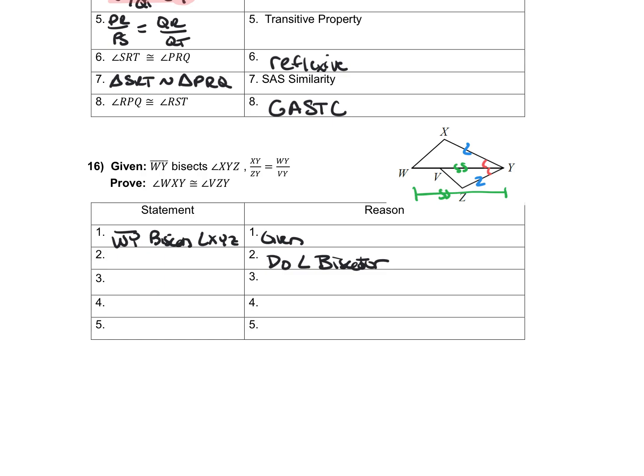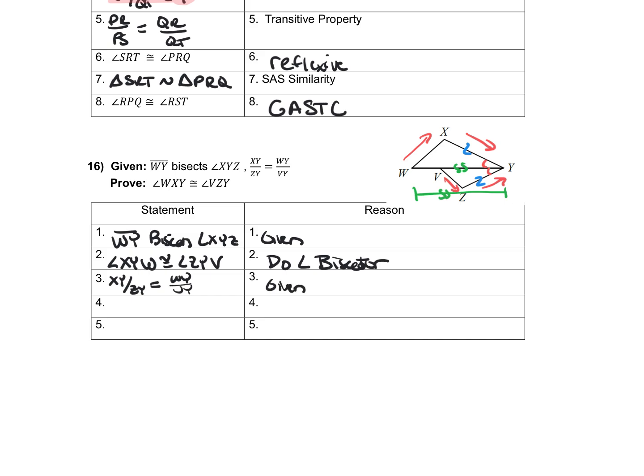So WXY, and VZ this way. So then my angle is going to be angle XYW is congruent to angle ZYV. And then I'm going to put my other given in here. So I've got XY over ZY is equal to WY over VY. This was given to me.